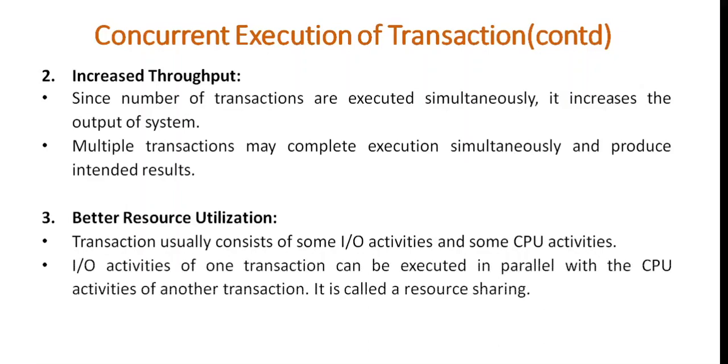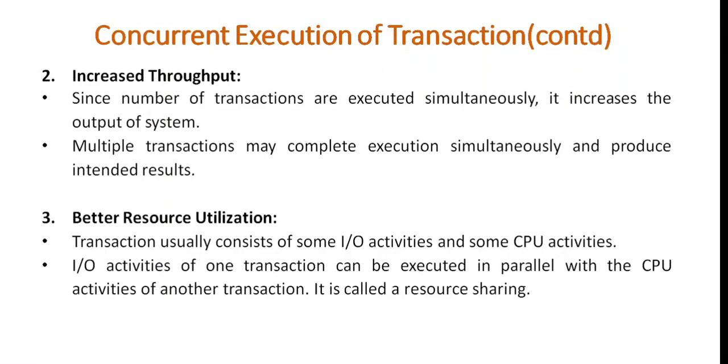So the IO activities of one transaction can be executed in parallel with the CPU activities of another transaction, and this is called resource sharing. Here we have two types of resources: the CPU and the IO devices.